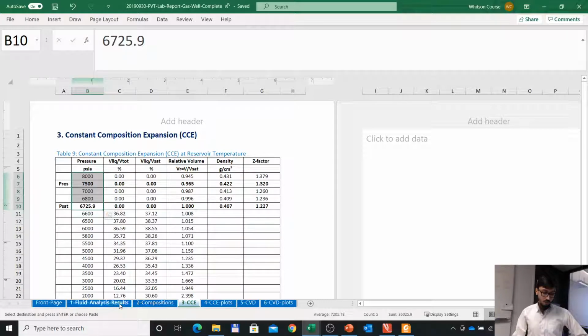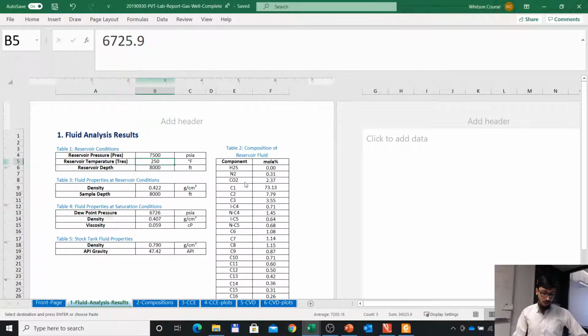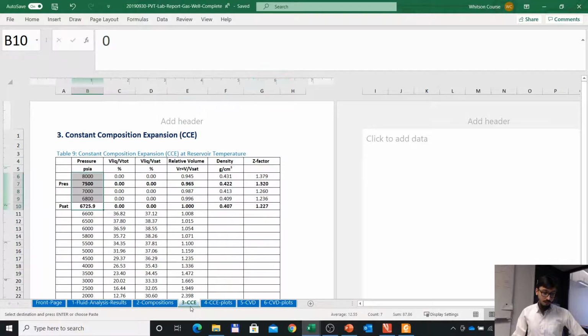Whatever the total composition here is, that's the total composition of the fluid they use in the PVT cell for measuring the composition. That composition should remain the same for Z factor calculations for all pressures higher than the dew point.